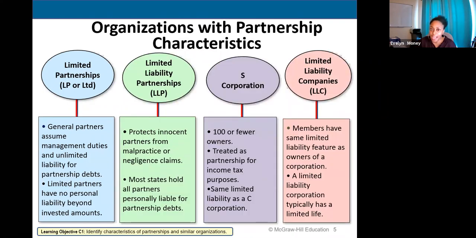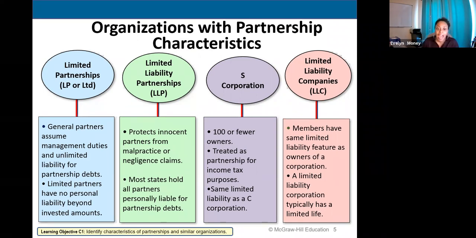So there are multiple types of companies that have partnership-like characteristics. Some of them have similar names because they really are partnerships, and some of them are not. The first one is the limited partnership. Remember, a partnership is a voluntary association of two or more people who decide to start a business together.